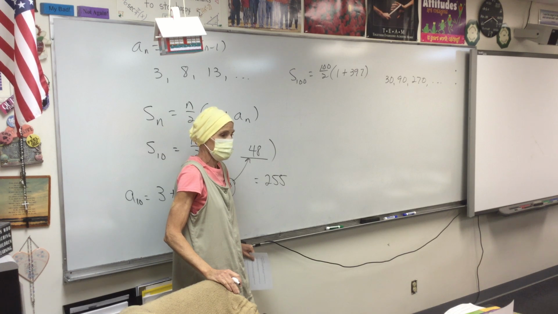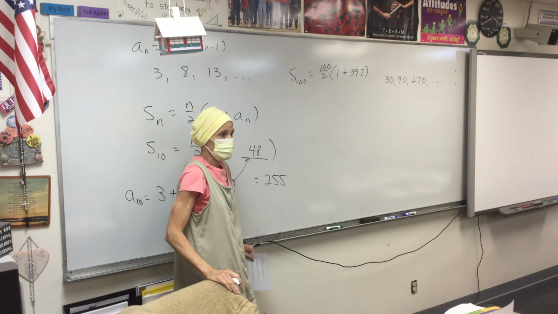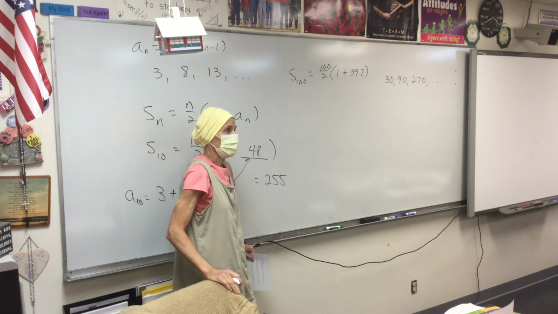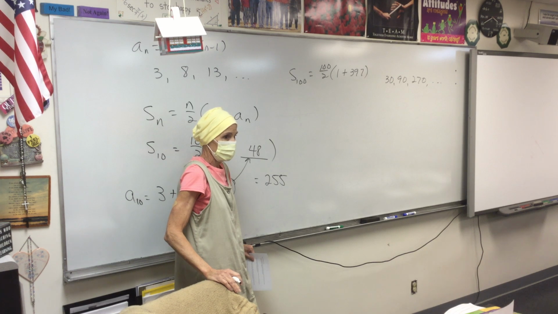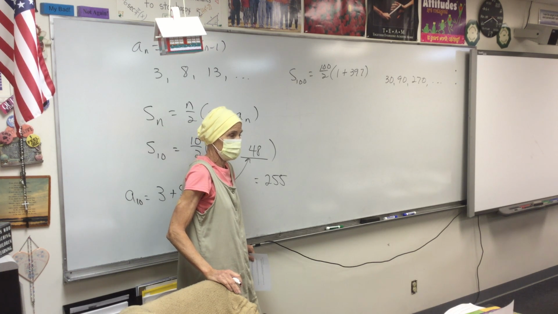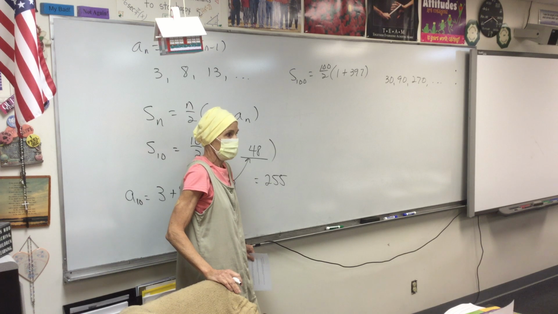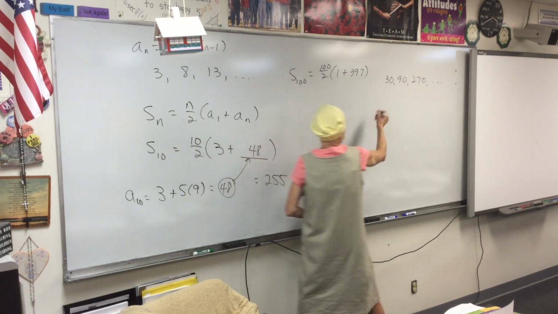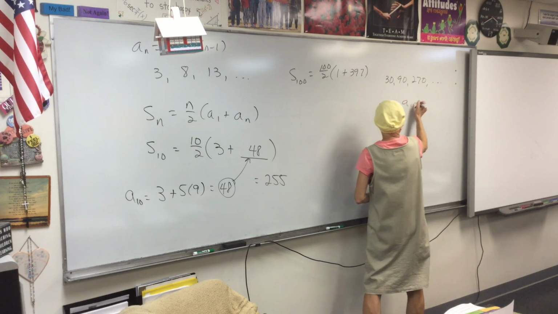All right, now what is this? This is geometric, and I want to know how much money would be on the checkerboard. So am I looking for a term or a sum? Sum. How much is on the board altogether, right? So the formula for that is this one.